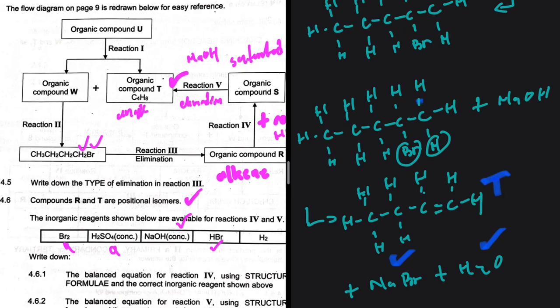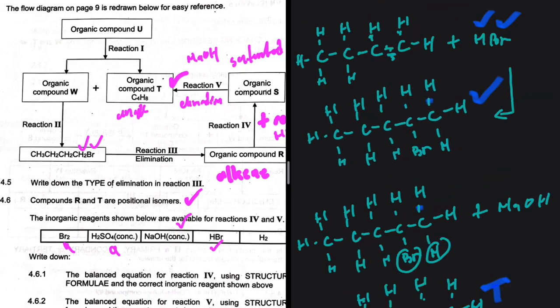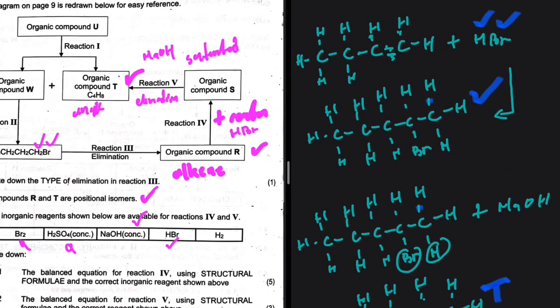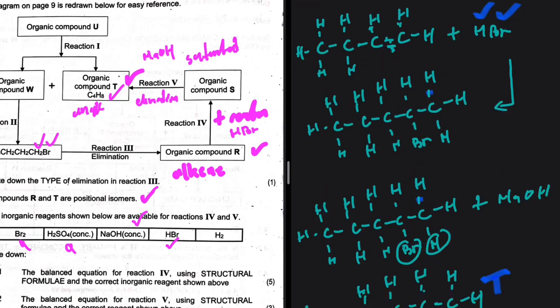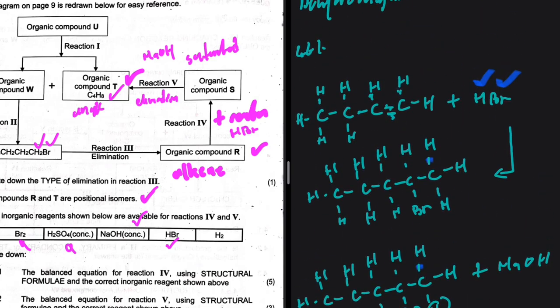And then this here is compound R. So compound T is this product that we have here. And then compound R. Yes, compound R.